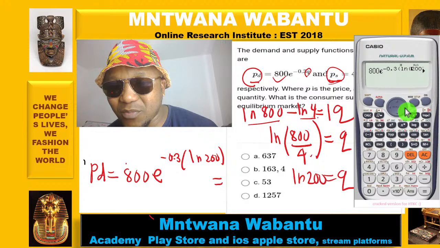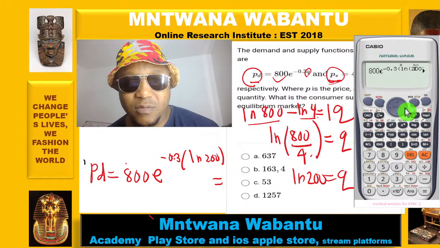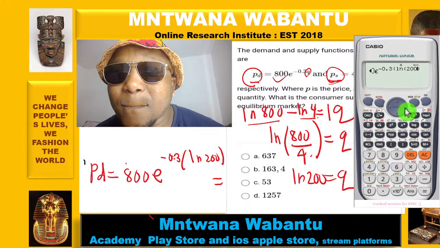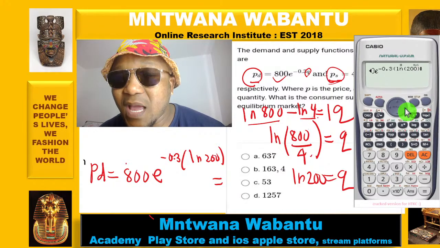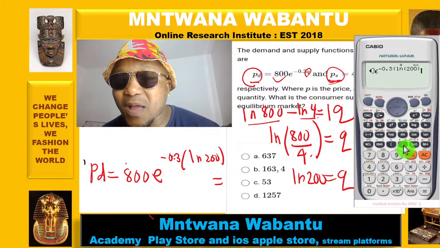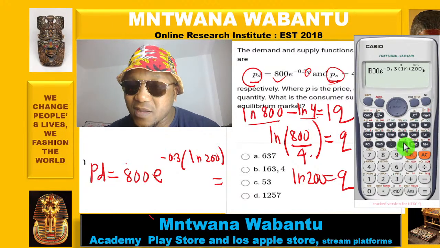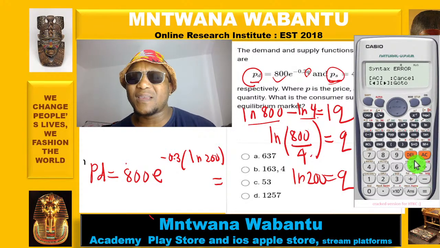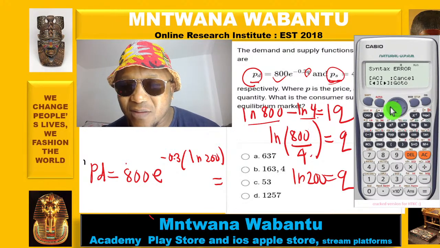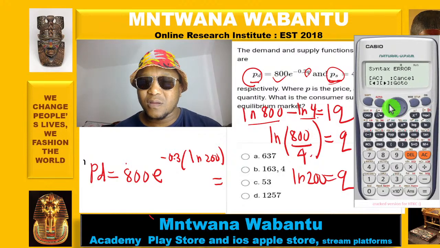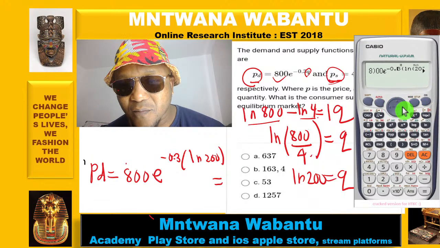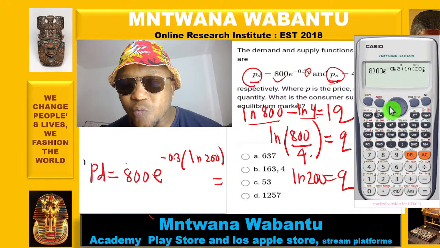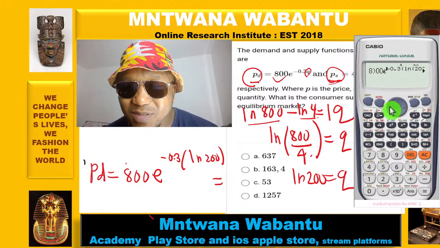Because after 0.3, I opened the bracket, so I must close the bracket again. Yeah, another bracket, because remember after 0.3, there's another bracket. I must close the bracket. Okay, and then after that, just say equal. Should give it. Oh, no, please. I made a big mistake now. I'm sorry. Okay, come here. I need to remove that close bracket after 0.3. I'm sorry.